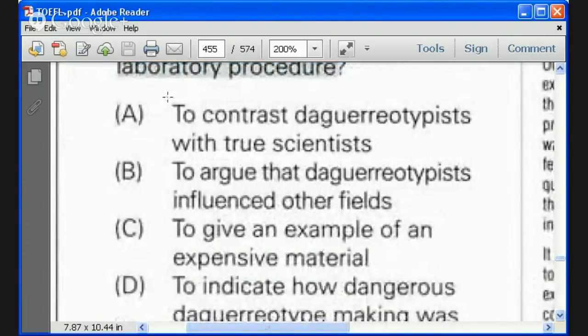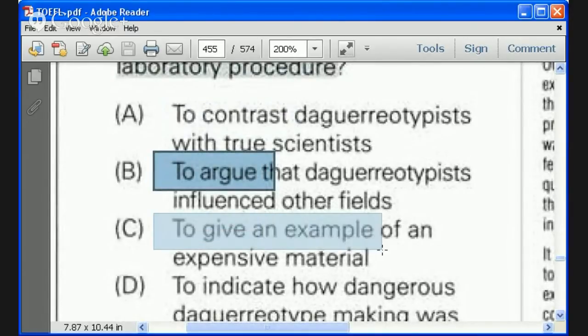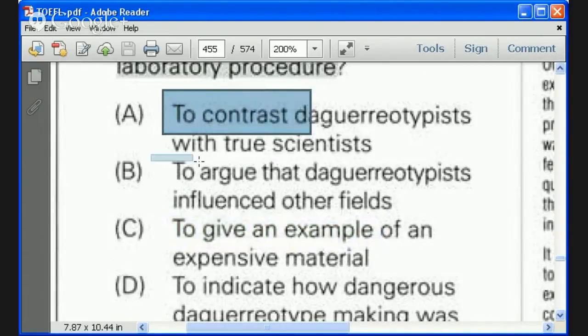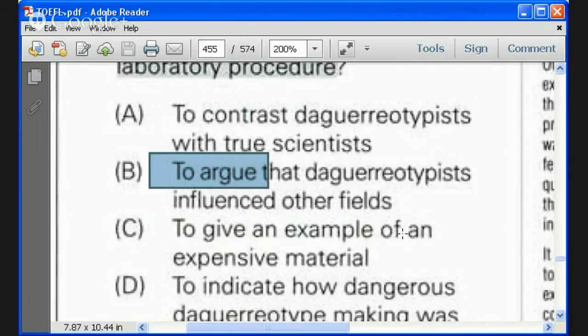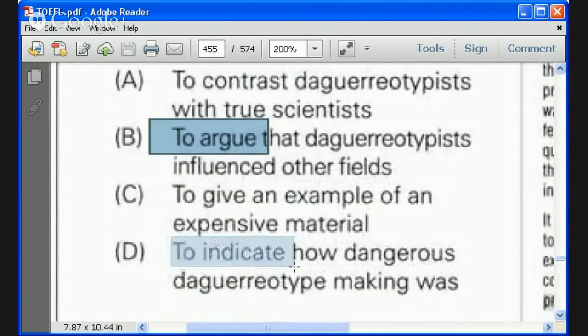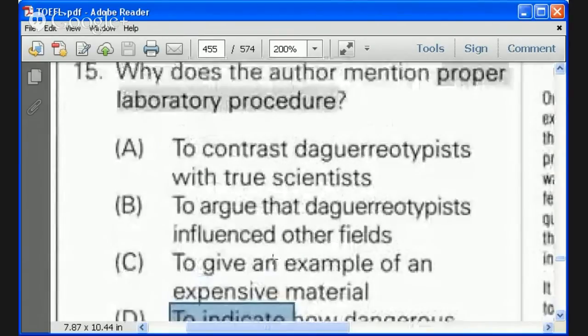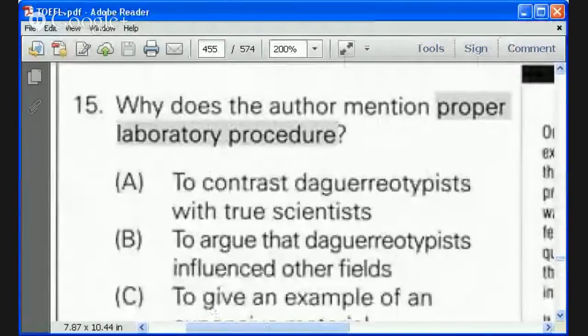Just to show you, is he using it to contrast, to argue, to give an example, as a specific example of something else he mentioned before, to contrast something he mentioned before, to argue a point he's already introduced, or to indicate, to add more detail? To indicate is to add more detail. So what is the purpose? Well, okay, let's take a look.